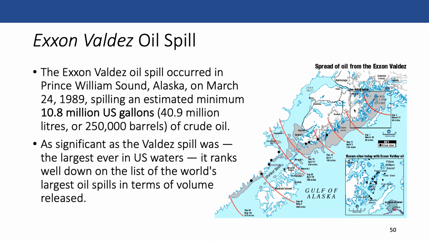So these things really are large, ecologically impactful events, and are really far-reaching and can affect ecosystems over huge amounts of territory. Even though this is particularly bad and was one of the biggest ever in U.S. waters, it actually doesn't even really make the list in terms of largest oil spills by volume.